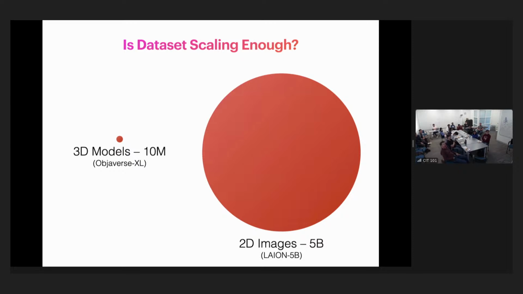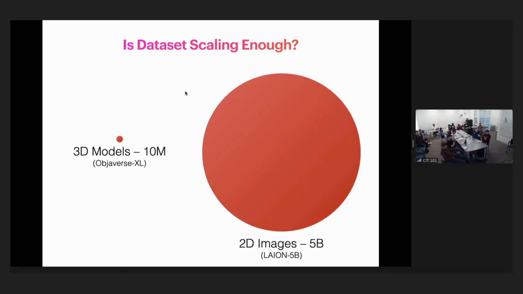We spent a big effort looking everywhere on the internet for 3D assets, and this is the progress that we made. It's pretty hard to imagine how you would reach there anytime soon. Fundamentally, 3D assets are much more expensive to collect than 2D images.